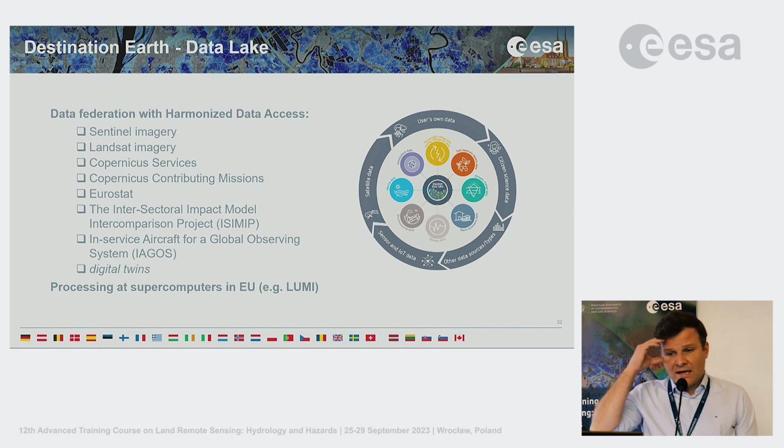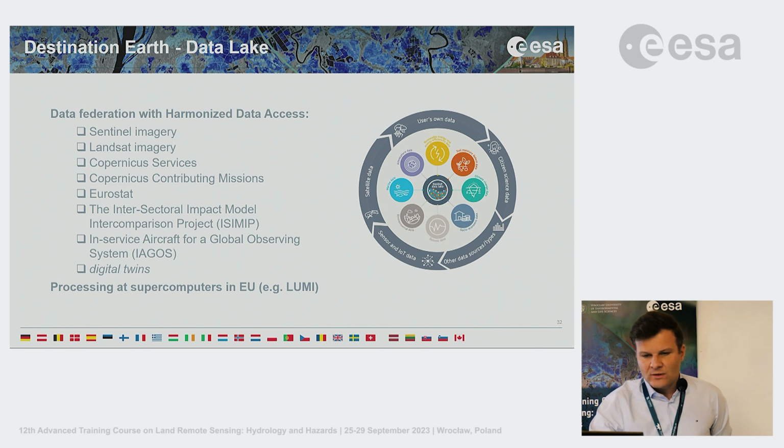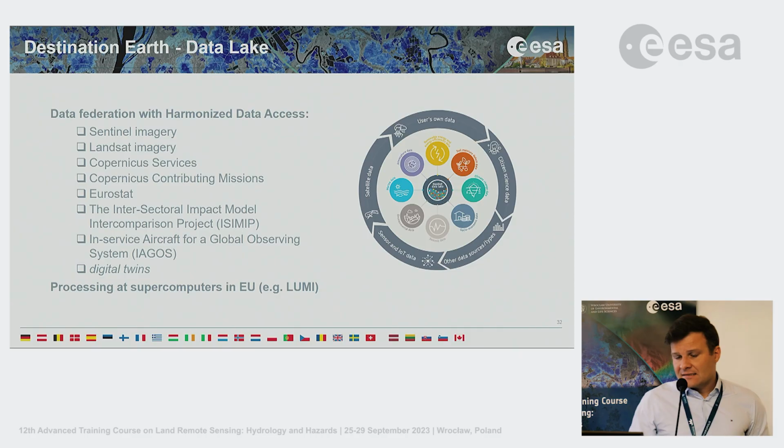And so what you will have at the moment in this data lake is the ecosystem with the Sentinel data, but also the Landsat imagery of USGS and the Copernicus services and contributing missions, but also some data from Eurostat, some model data from intercomparison projects, even aircraft data. Plus, when the program starts producing these digital twins, this will also be accessible through this data access.